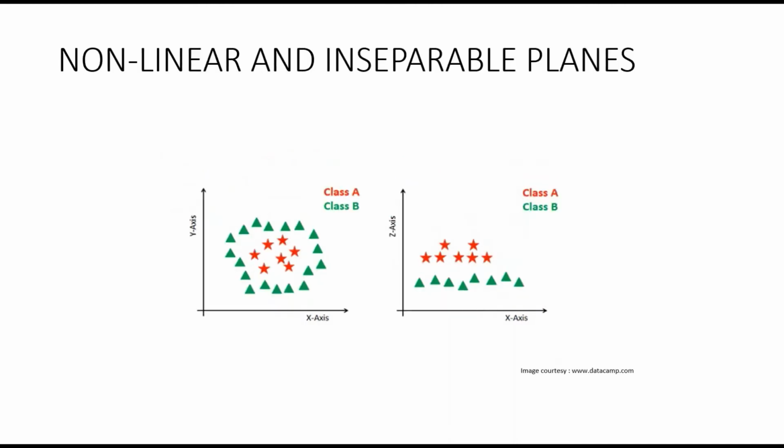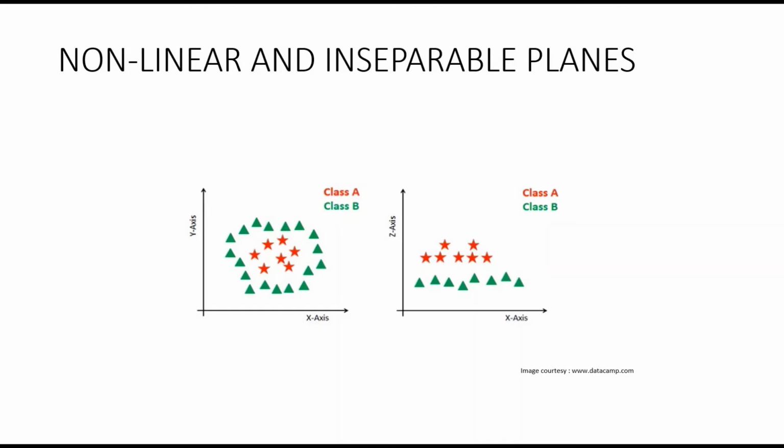Next point you need to understand here is nonlinear and inseparable planes. How do we deal with nonlinear and inseparable planes? When the data sets are scattered as shown in the figure, how do we handle such situations? Some problems can't be solved using a linear hyperplane.